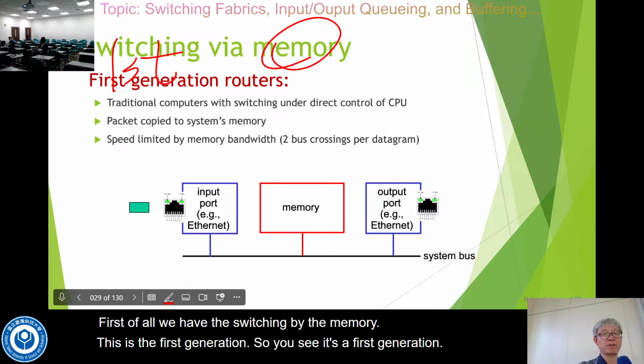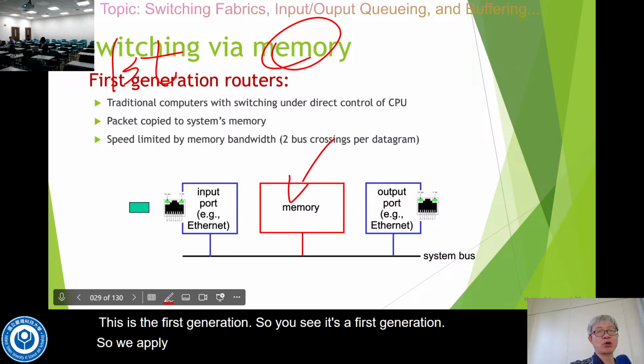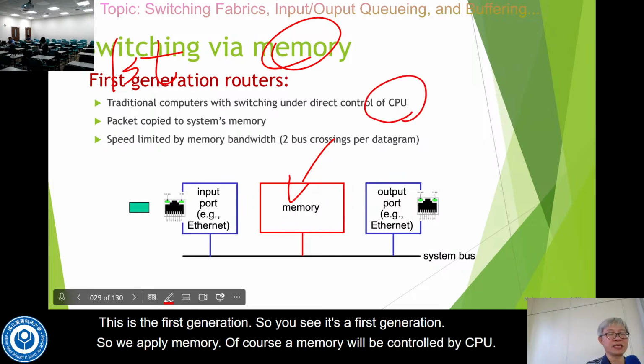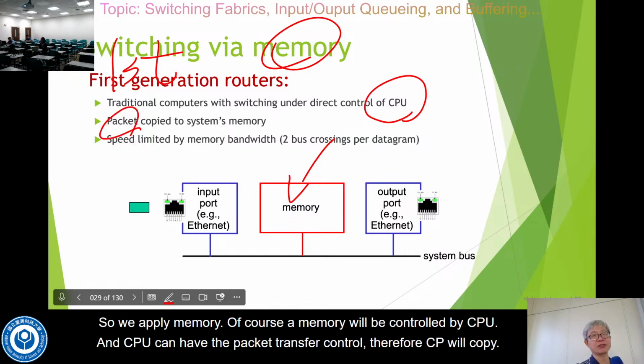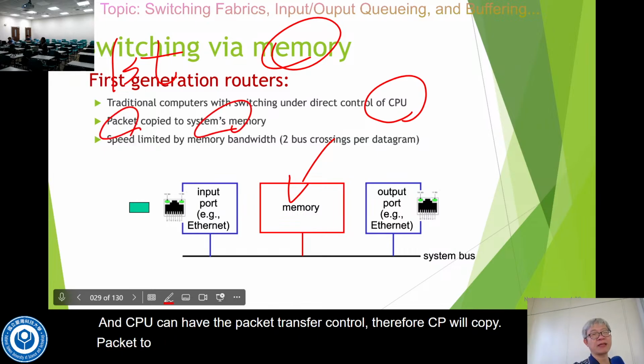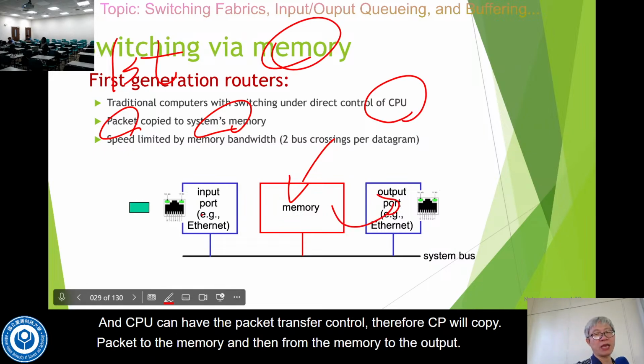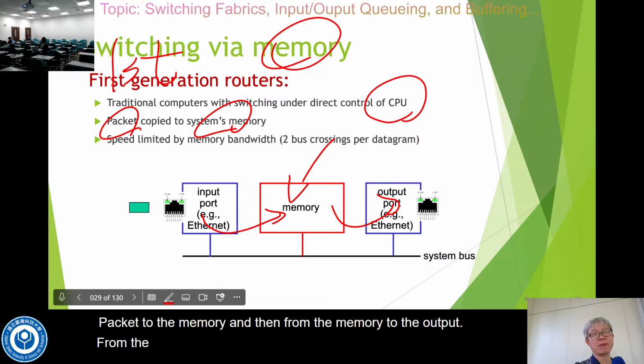So we apply memory. Of course, the memory will be controlled by the CPU. And the CPU can have the packet transfer control. Therefore, the CPU will copy the packet to the memory, and then from the memory to the output. From the input, copy to the memory, then copy it to the output.